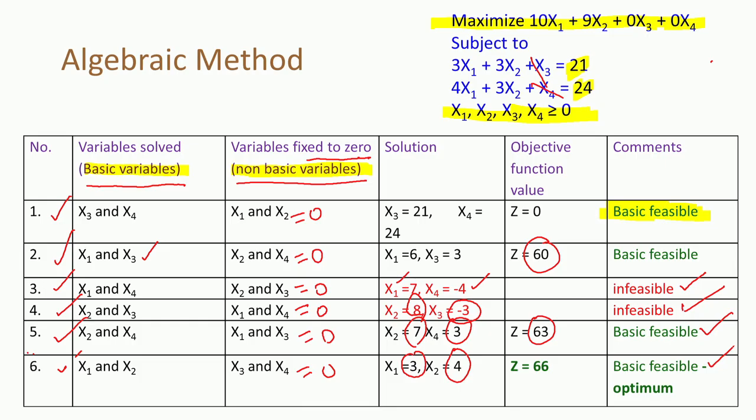So, we evaluate the objective function to get 66, which is shown here, and 66 is the best solution that we have out of the basic feasible solutions, and hence is the optimum solution to this problem.